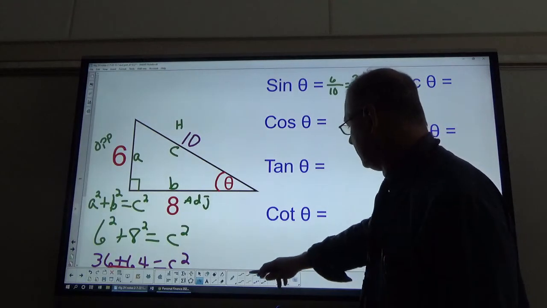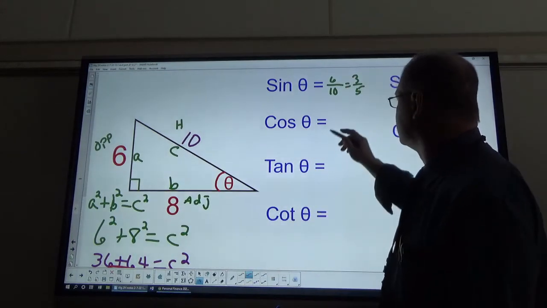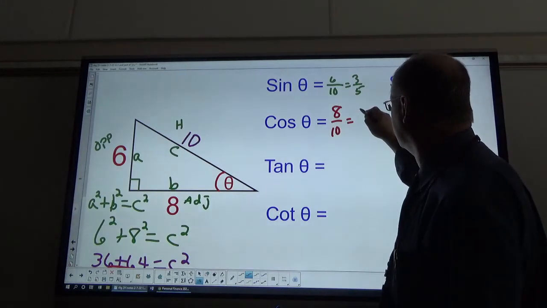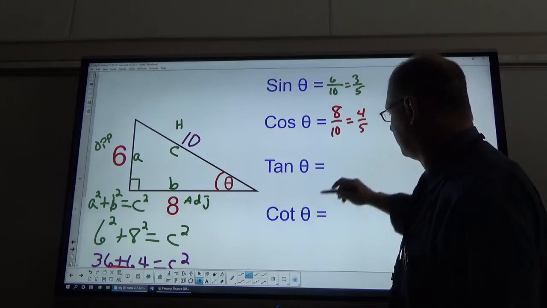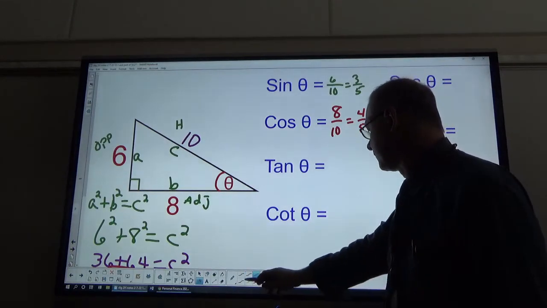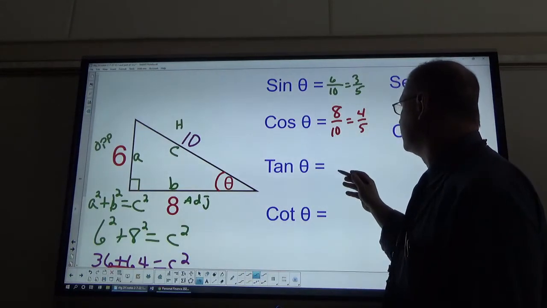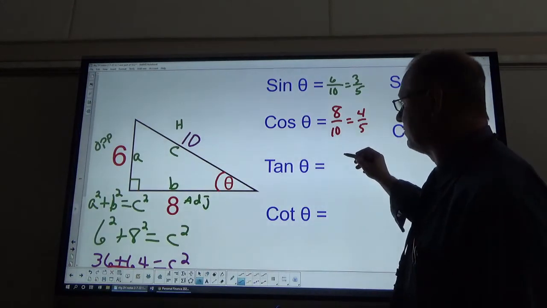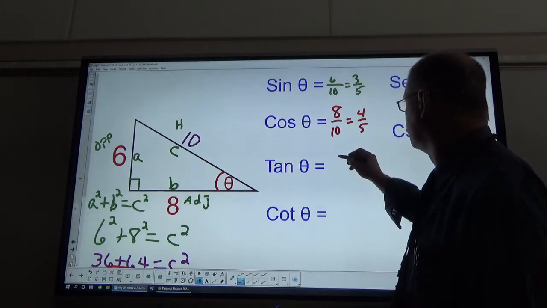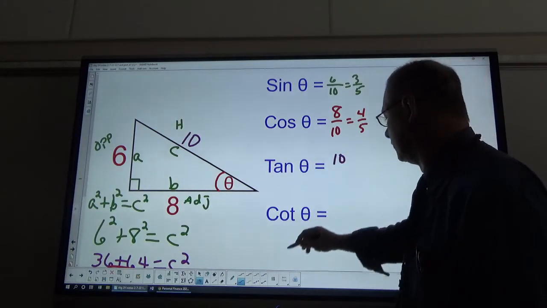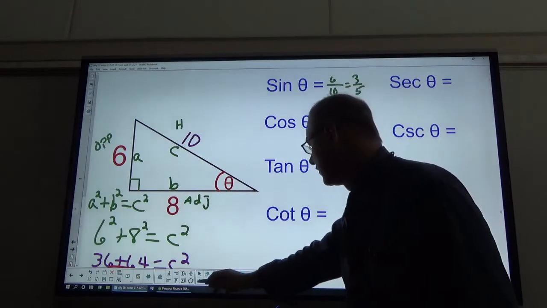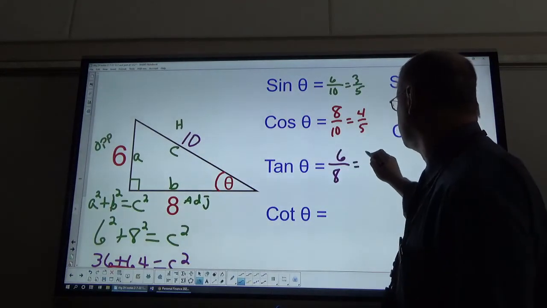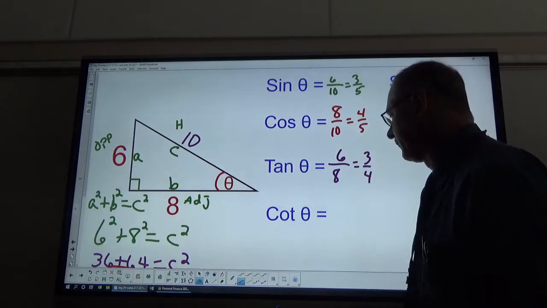Cosine is going to be adjacent over hypotenuse, or 4/5. Tangent is going to be opposite over adjacent, 6 over 8, which is 3/4.